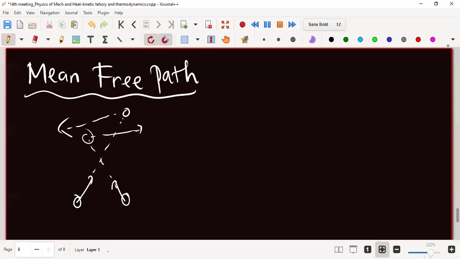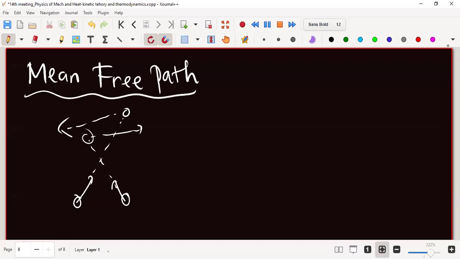So what is the length of the mean free path here? The mean free path will vary inversely with the density, the number of atoms or molecules divided by volume, and also inversely with the diameter of the molecules.